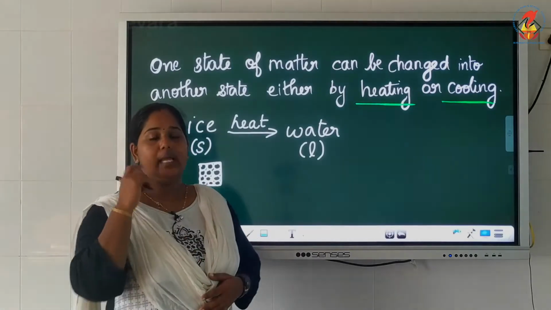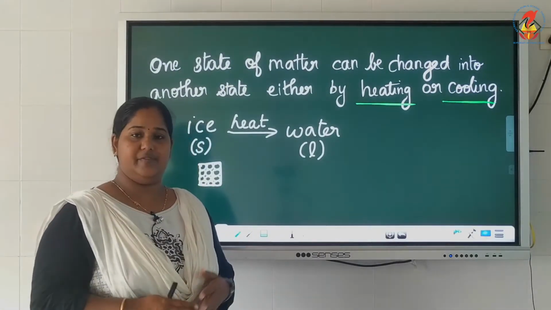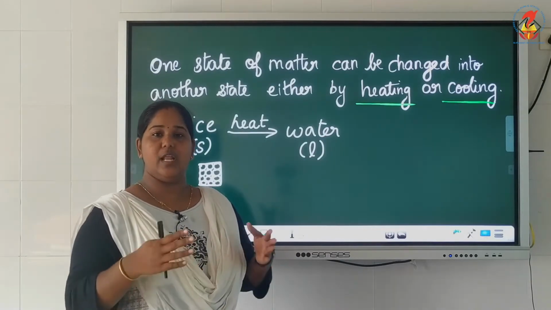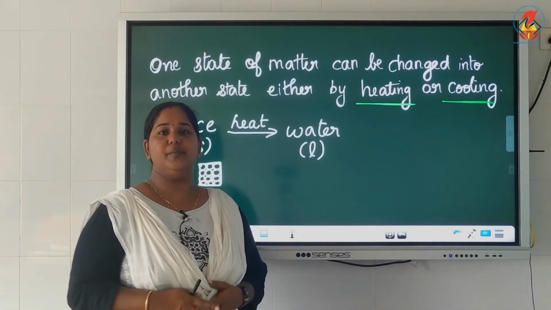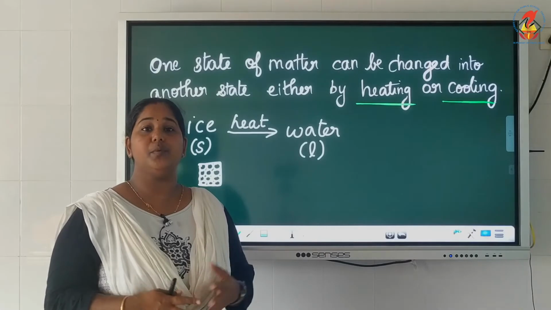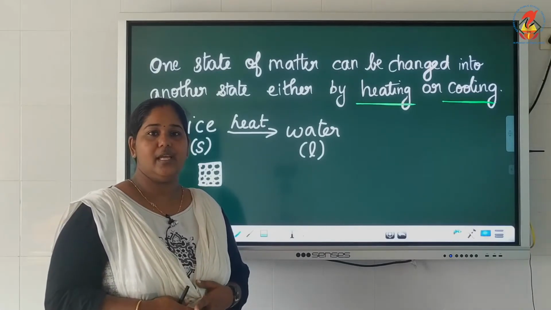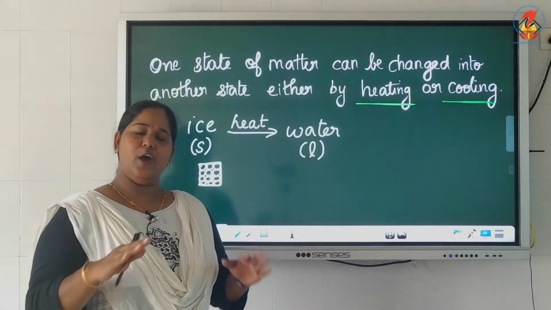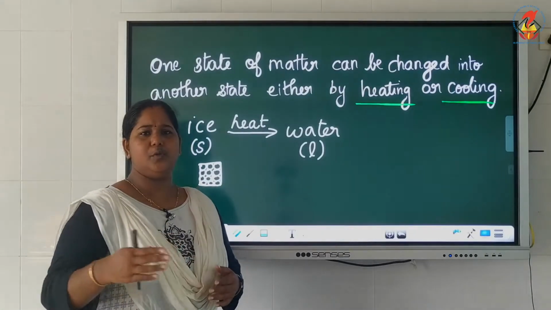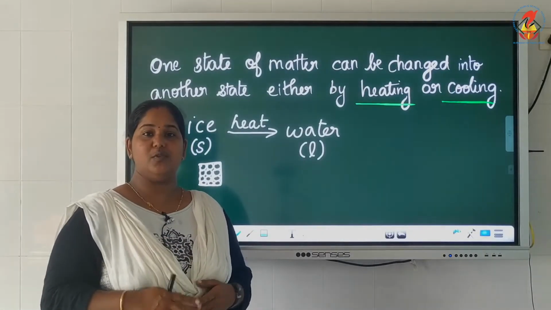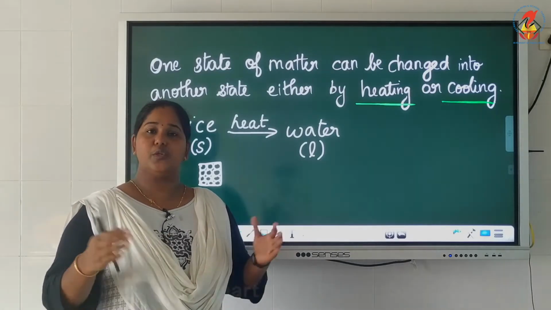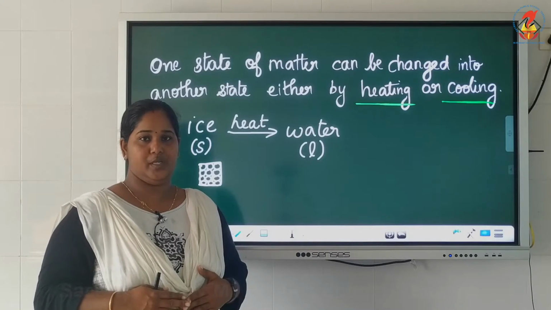For example, on a hot night, if you are sleeping with your parents, you will ask your parents to move away from you and sleep. You don't allow them to hug you, isn't it? Why? Because it is too hot. I am not talking about an air conditioned room, a normal room. You feel uncomfortable, you will be sweating, so you don't want them to hug you.